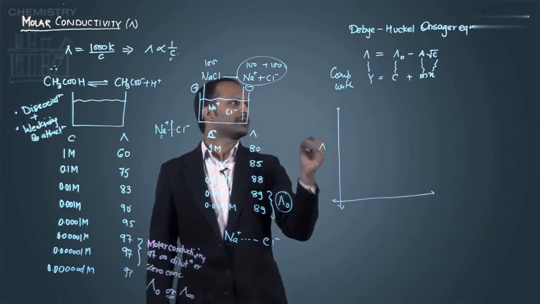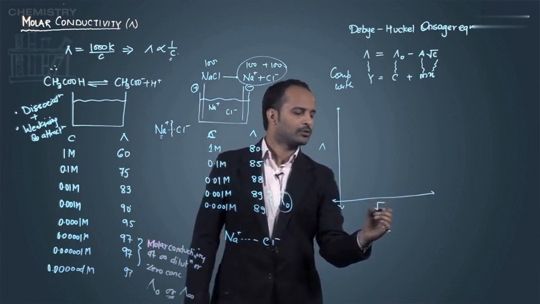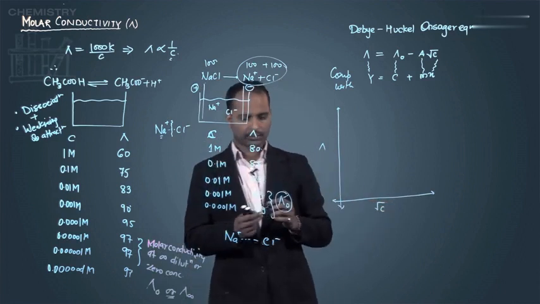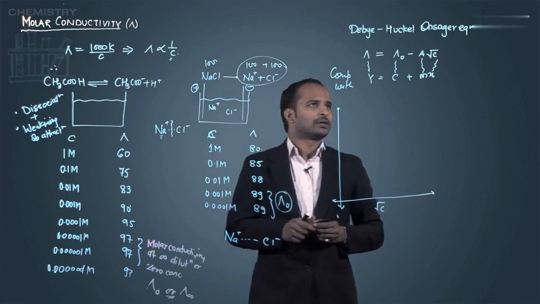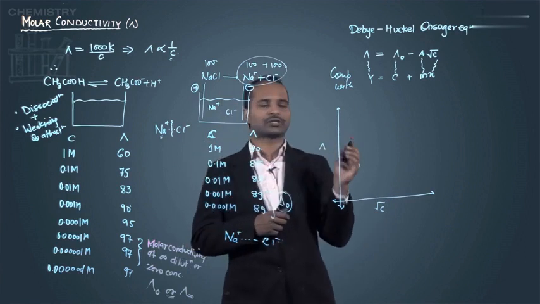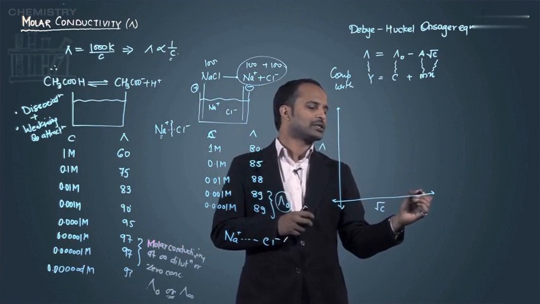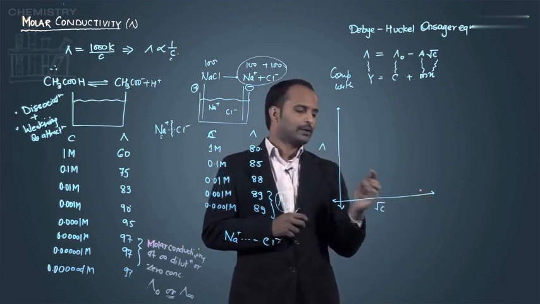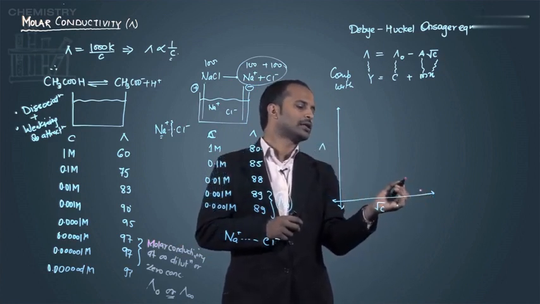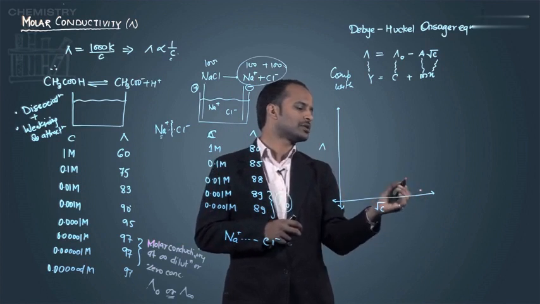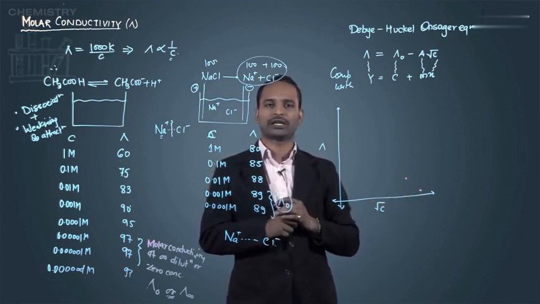So when the graph of lambda versus concentration is plotted, as I said, there being a negative slope, suppose when the concentration is high, this is the lambda value. Then when the concentration is reduced, the lambda value will increase.